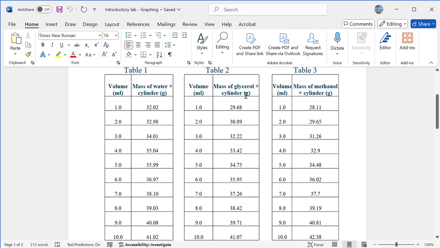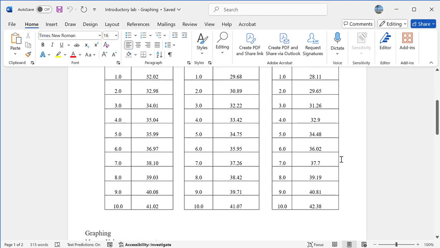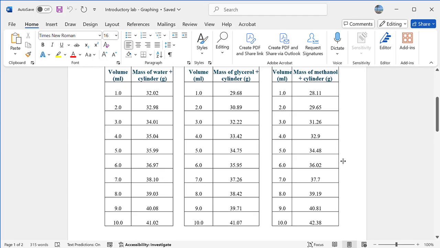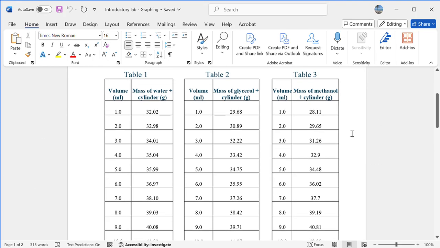In table 2 is glycerol plus cylinder, and in table 3 is methanol plus cylinder. I want you to graph them exactly the way they are, so do not try to figure out what is just water or glycerol or methanol by itself, because I am wanting the mass of cylinder included with the mass of water for this particular lab.